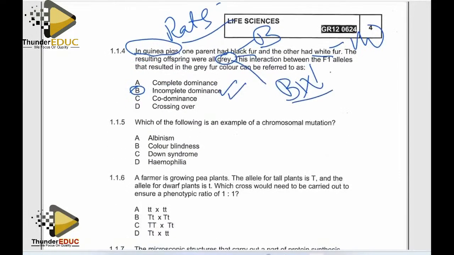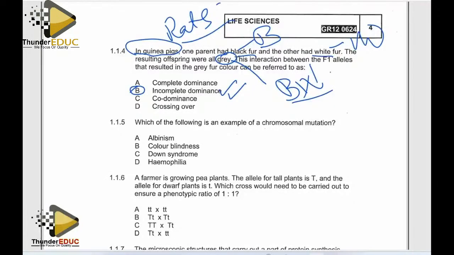Then we go to the next question. Which one of the following is an example of a chromosomal mutation? Based on our level, we have 2 types of mutation: chromosomal mutation and gene mutation. Gene mutation is as a result of just a base being replaced, substituted or deleted, and in most cases we see it in DNA, during transcription and translation.